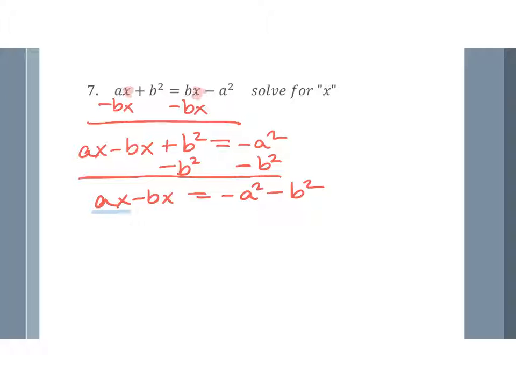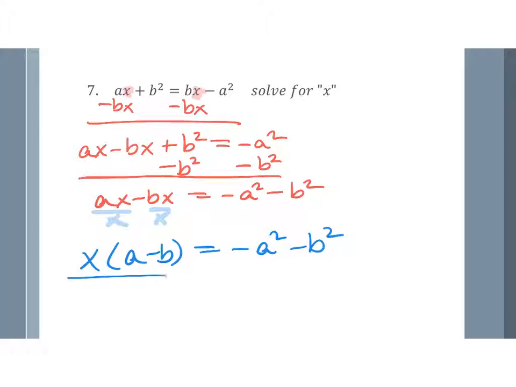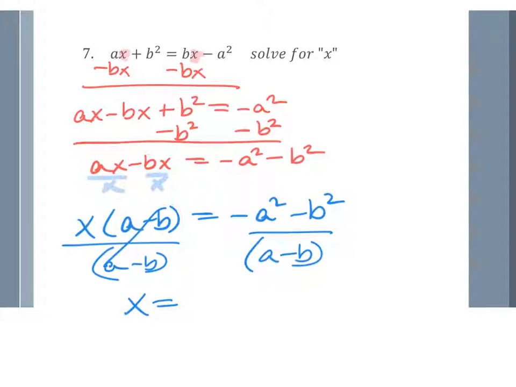Again, factor out a GCF of x, and you're left with a minus b equals negative a squared minus b squared. Divide by a minus b and get x equals negative a squared minus b squared over a minus b.